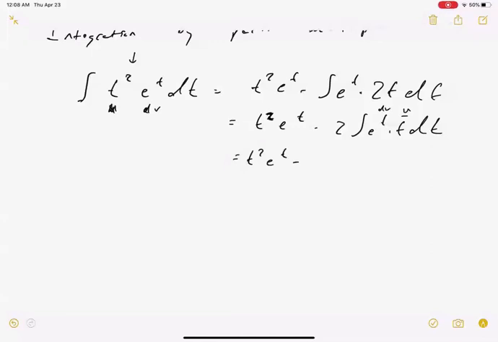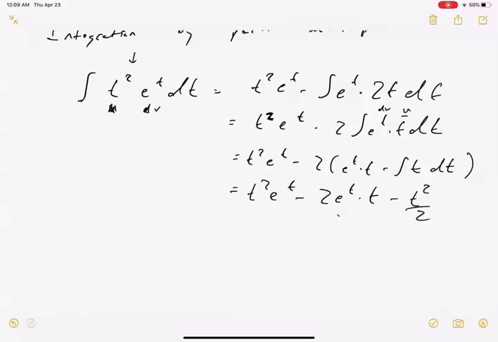And when I do that, I get this. So not too bad, but I just had to use integration by parts multiple times.